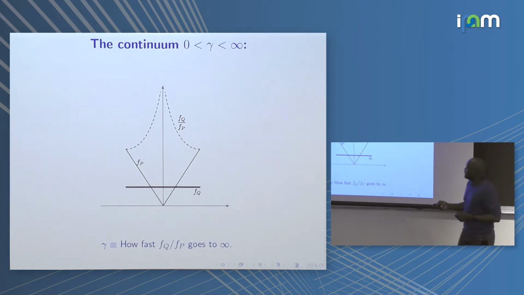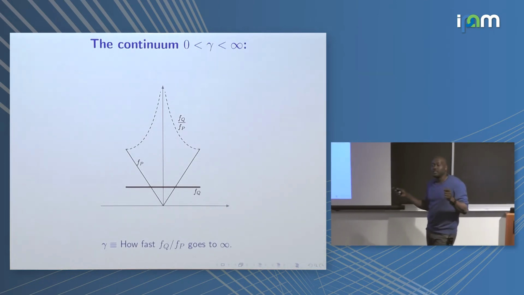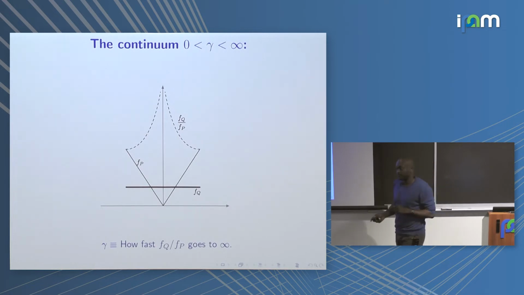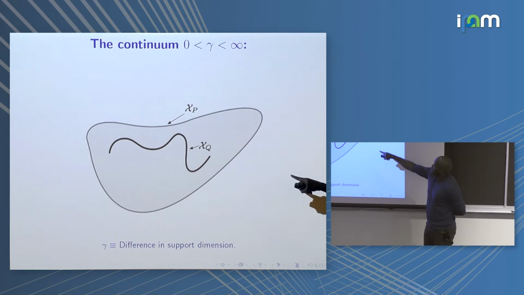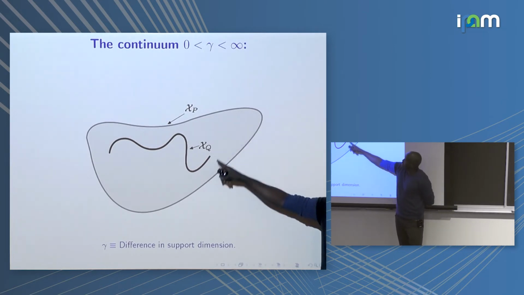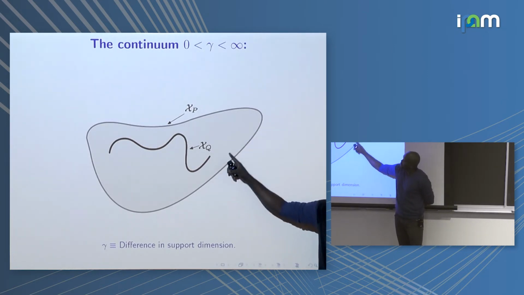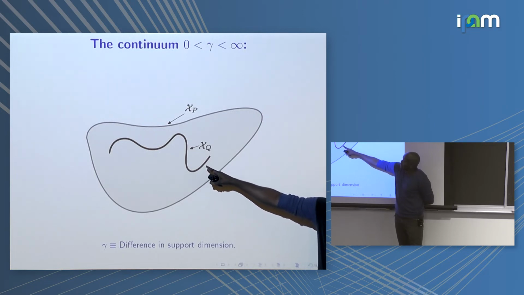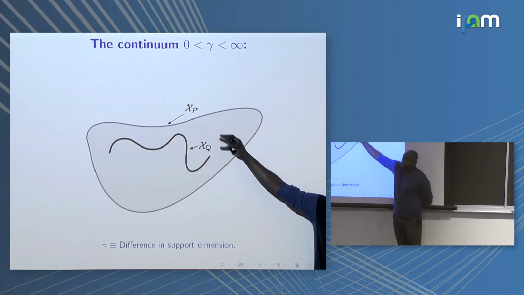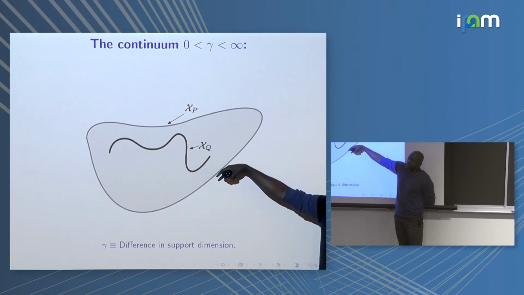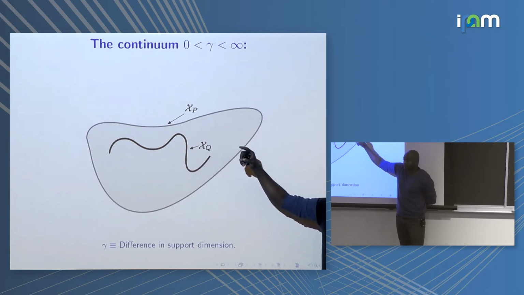And in that sense, this is very similar to what Rayleigh dimension will be capturing. This is another case where P has this support, and Q has a support that is lower dimensional than the support of P. In this case, if for instance the distributions were sort of uniform on each support, then you can show that gamma happens to be the difference in dimension.